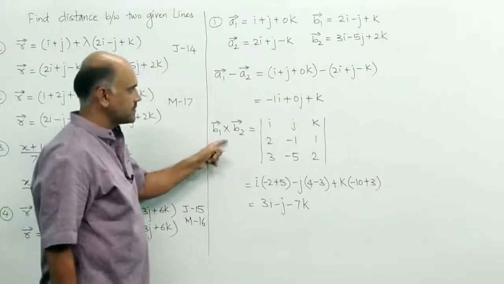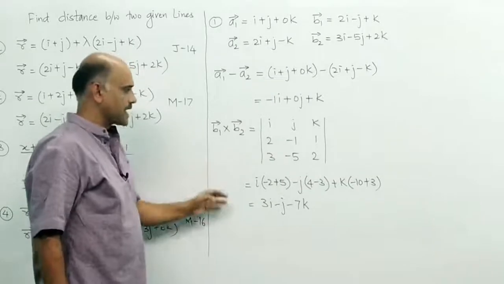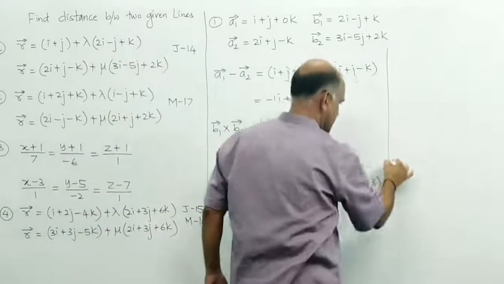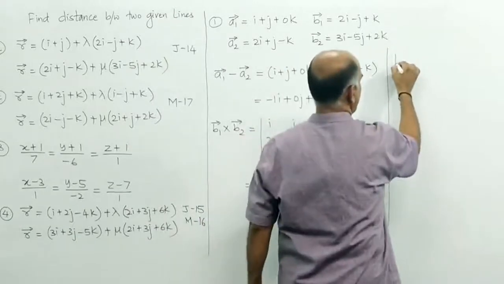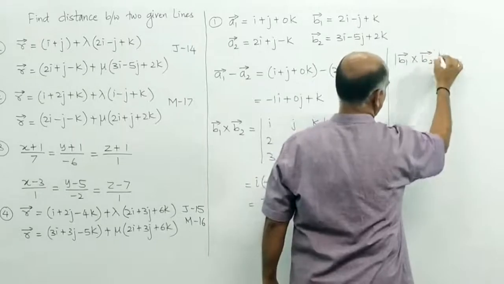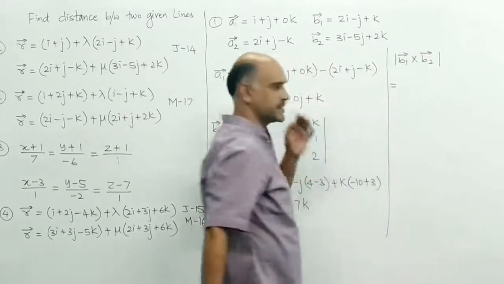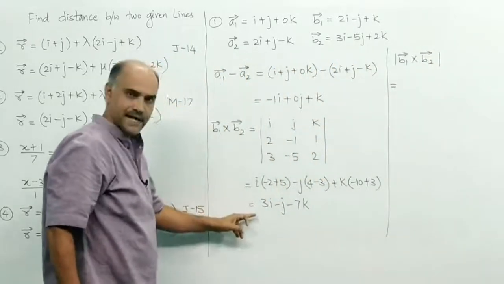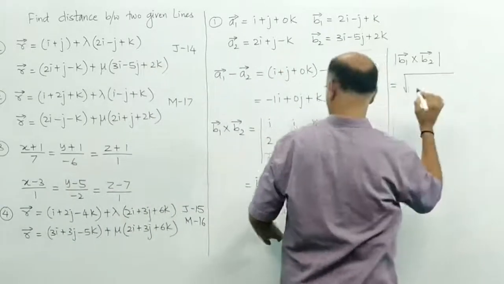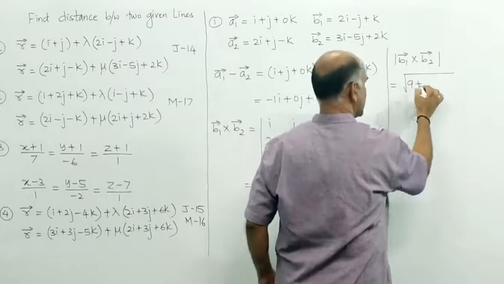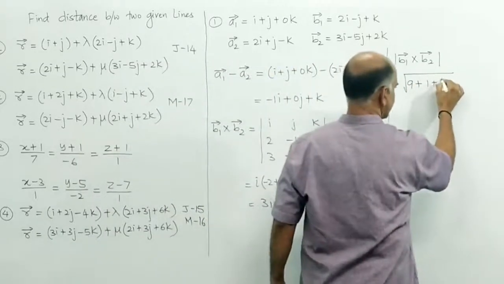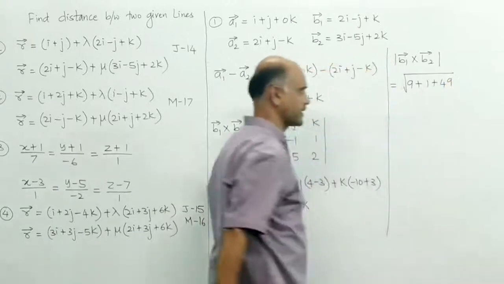So in the third step, you find the magnitude of this. In the third step, mod of b1 cross b2. If I take the magnitude of this, you will have root of 3 square 9, plus 1 square 1, plus minus 7 square 49.